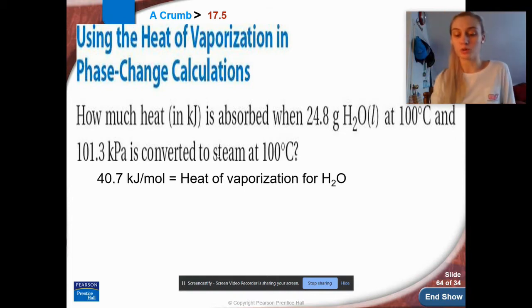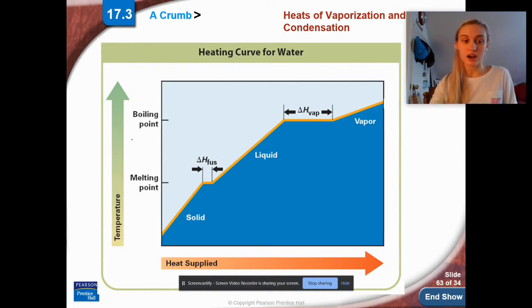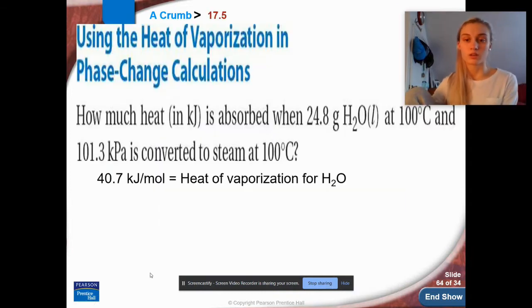And remember I told you on this graph that it happens at 100 degrees. Because we know this heat of vaporization, this transformation from liquid water to steam, is happening at 100 degrees Celsius, we can complete this problem. And this is a really simple problem.